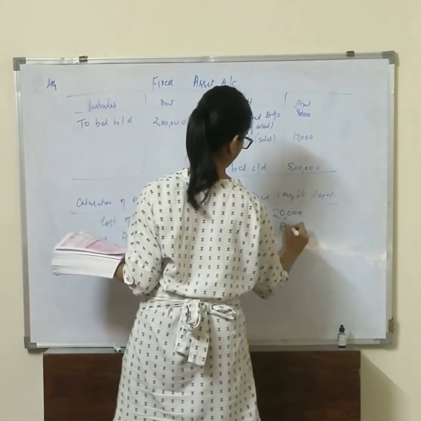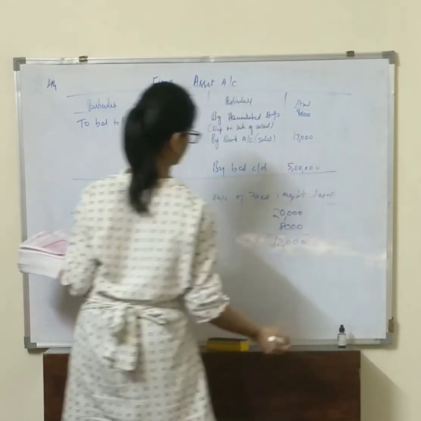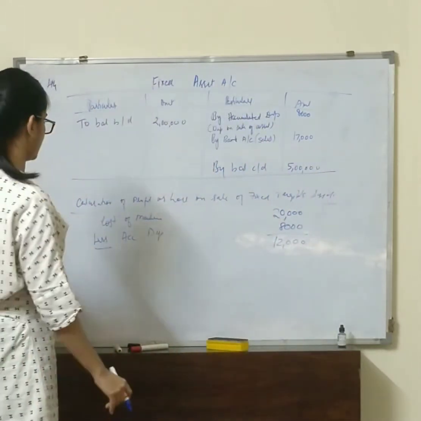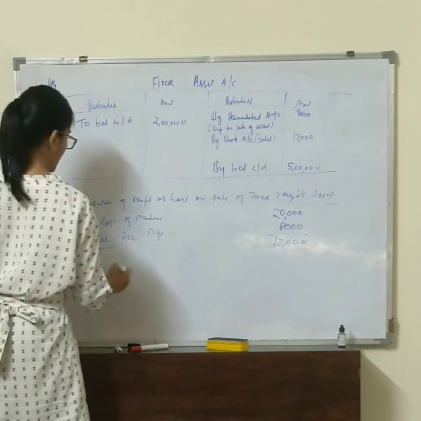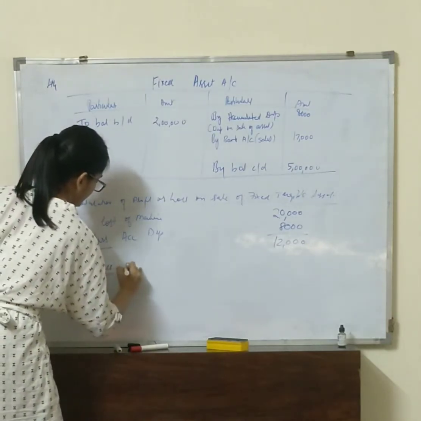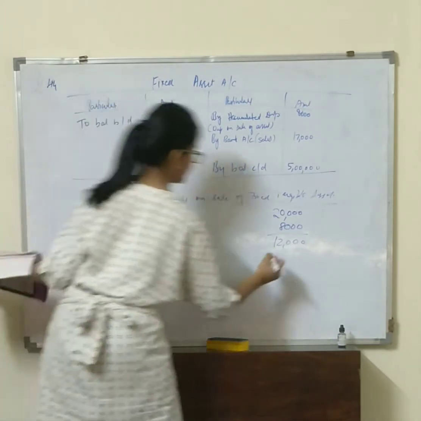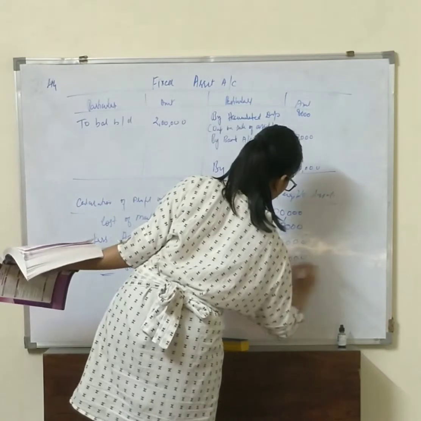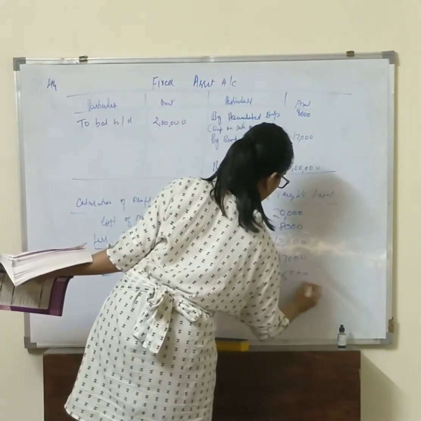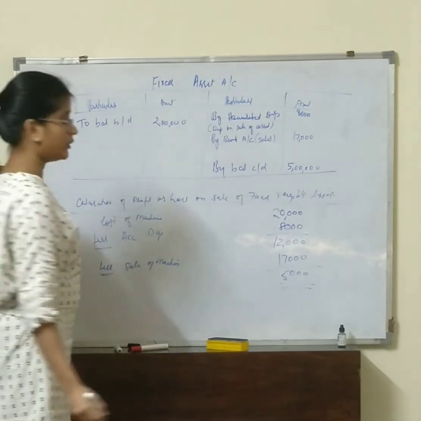We had accumulated depreciation of 8,000. So we deduct the accumulated depreciation, we get 12,000 and we sold it for 17,000. So less sale of machine 17,000. So do we have a profit or loss? We have a profit of 5,000 rupees.